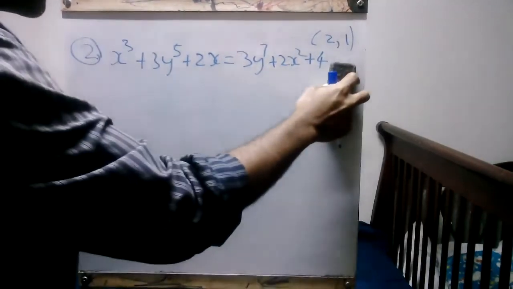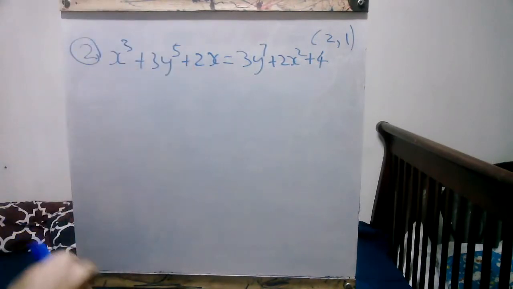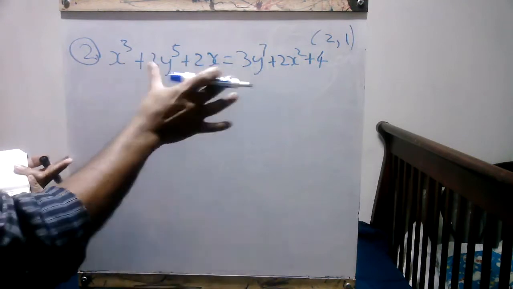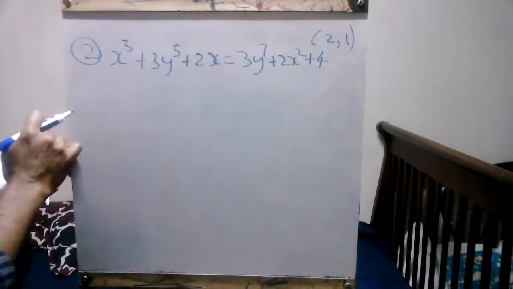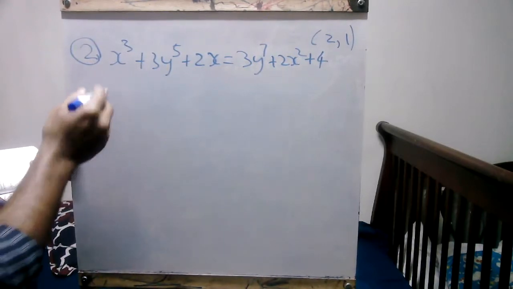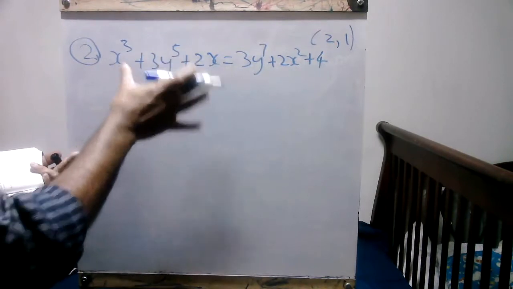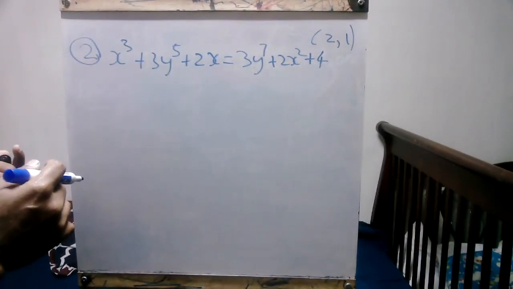For that, let's differentiate this implicitly. That means we cannot separate x and y. We cannot solve this equation for y. Maybe we can, but it is easier to do implicit differentiation and find dy/dx.